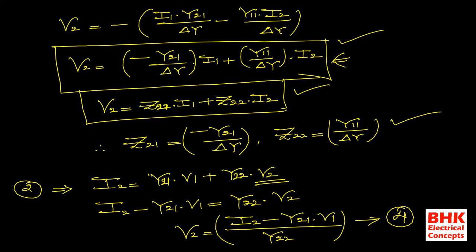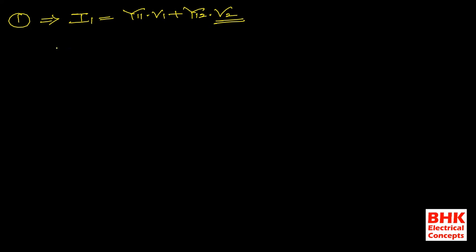Now substitute equation number 4 into equation number 1. Okay, now what is equation number 1? Actually, equation number 1 is given by I1 is equal to y11 v1 plus y12 v2. Now instead of this v2 we can directly substitute the value from equation number 4.